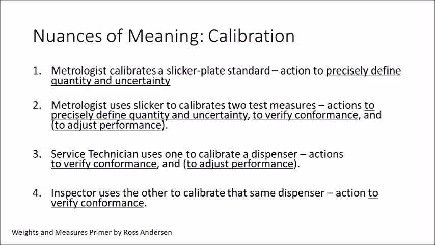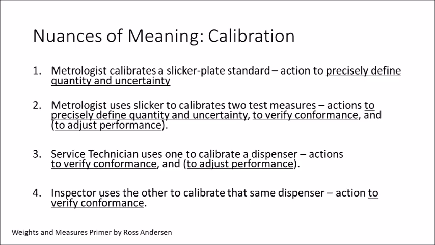When that slicker was used, it was used to precisely identify quantity and uncertainty of the test measures, to verify conformance of the test measures, in this case with Handbook 105-3, and to adjust performance where needed. That's why it's in parentheses. The service technician undertook actions to verify the conformance of a dispenser and to adjust the performance if necessary, again, if needed. The inspector, on the other hand, in using calibration, only took actions to verify conformance.